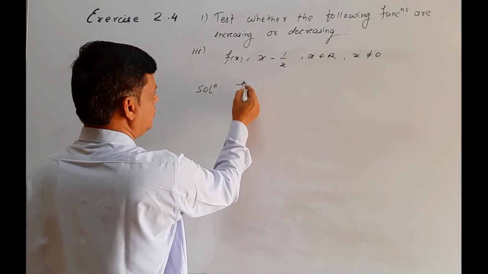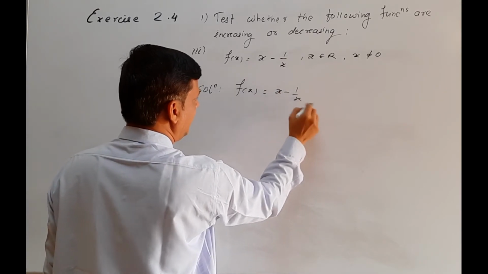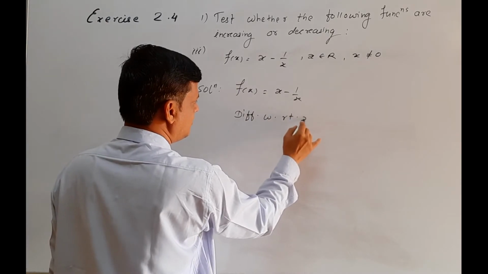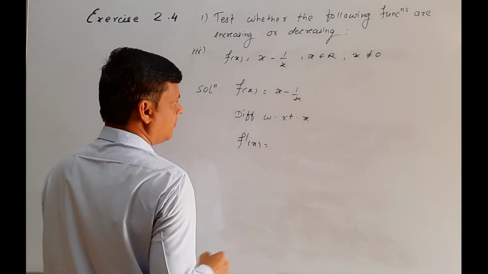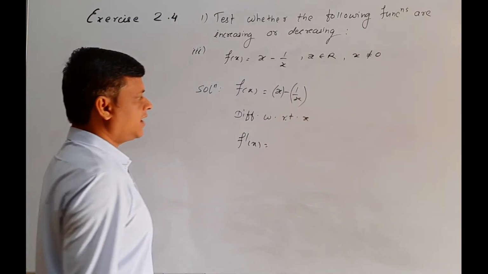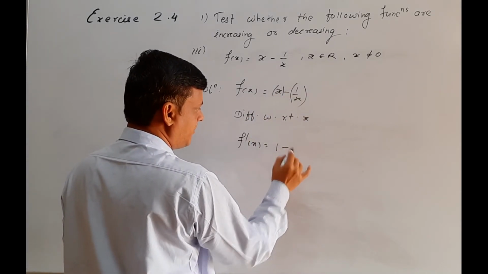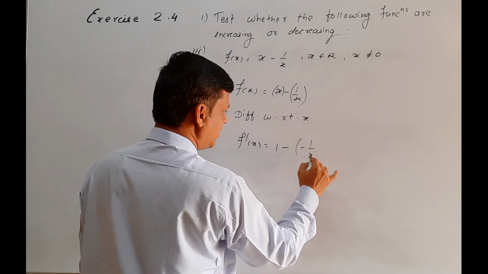So right here in solution, given function f of x is equal to x minus 1 by x. So differentiate this function with respect to x. Derivative of f of x, we get f dash of x. Derivative of first term minus derivative of second term. Derivative of x with respect to x, we get 1 minus derivative of 1 upon x is minus 1 by x square.